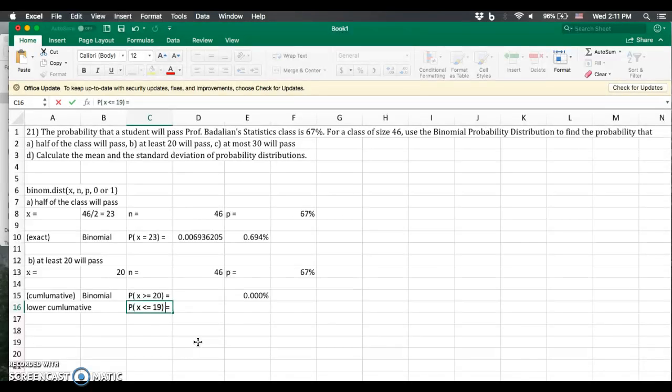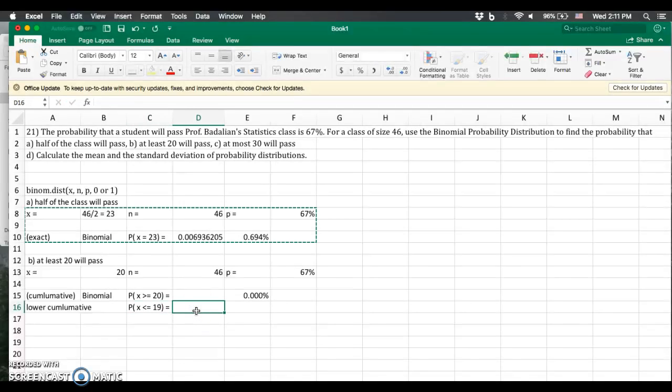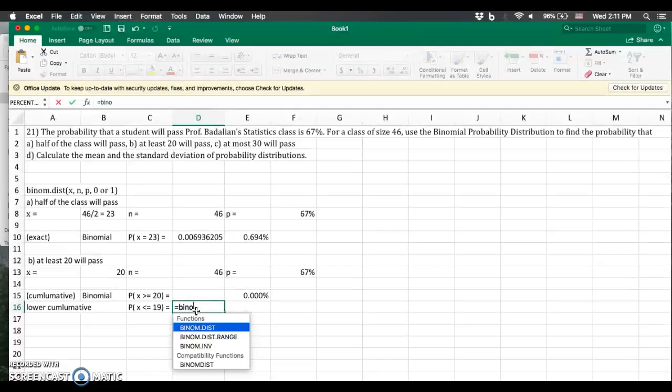This one we can do with the cumulative binomial. So it's going to be equal to the binomial distribution. 19 is going to be the X, 46 is still going to be the trials, 0.67, and we want it to be cumulative.